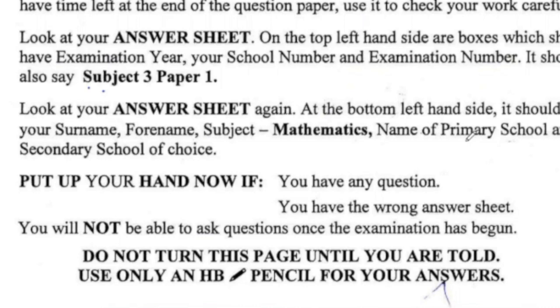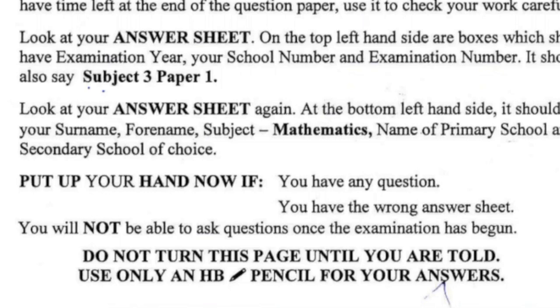However, it's not advisable that the invigilators go through instructions with you. No, it's already malpractice, so they won't go through that. So the only chance you have to learn about the instructions in an exam is now, using Easy Learning Z-Mathematics.